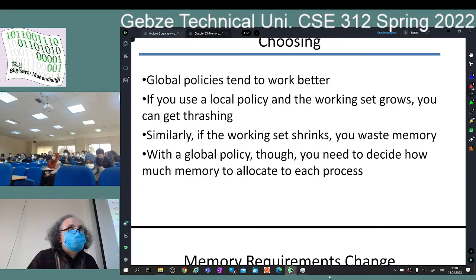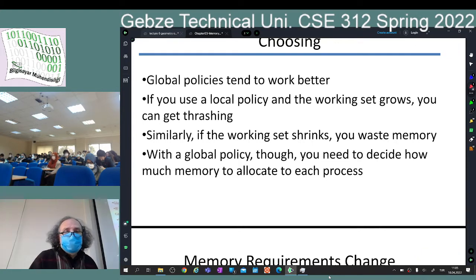Of course, a process should never grow to a position where it uses up all the pages from all the other processes. We have to be careful about this, but usually the global policies are more efficient.